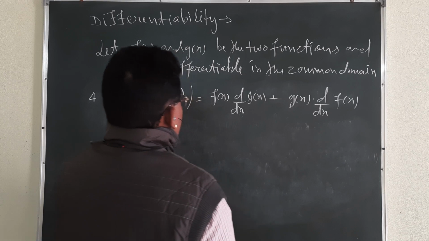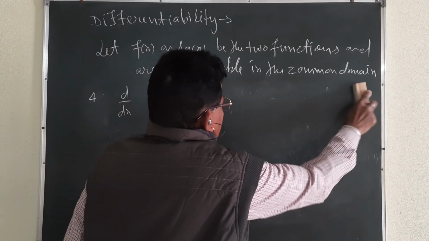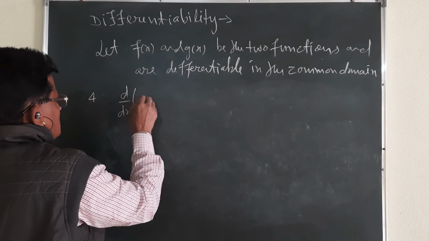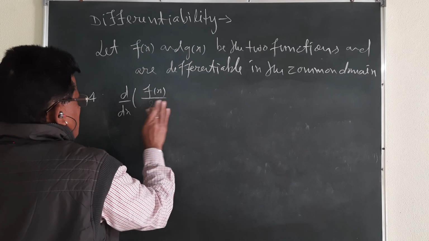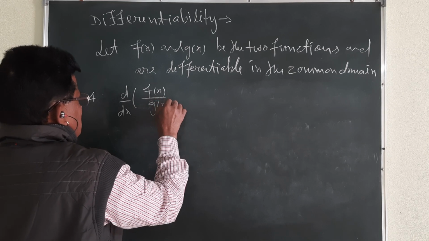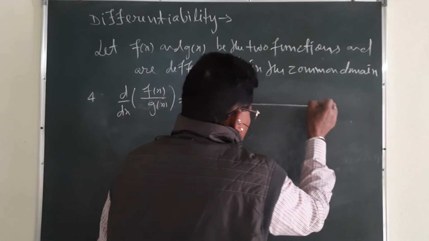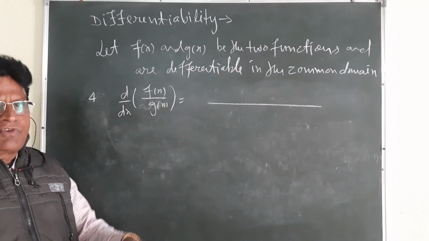Differentiation, cosine form. Dear student, you see the cosine form. I told you that it is a very important function, that is f(x) upon g(x). First of all, let me take it. It will be equal to, dear student, whatever is given in the denominator, you get the square of it.